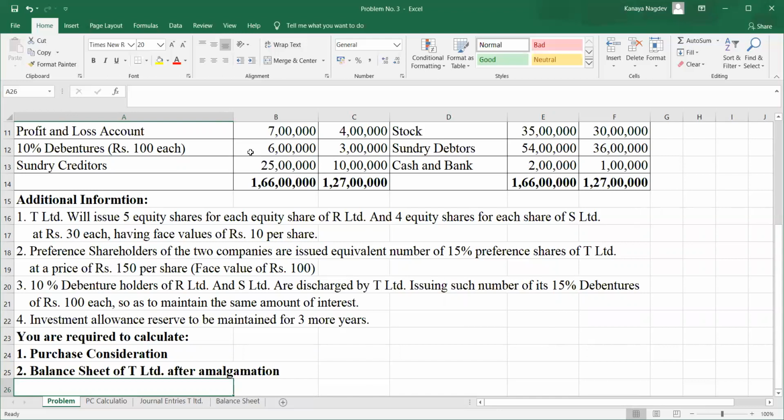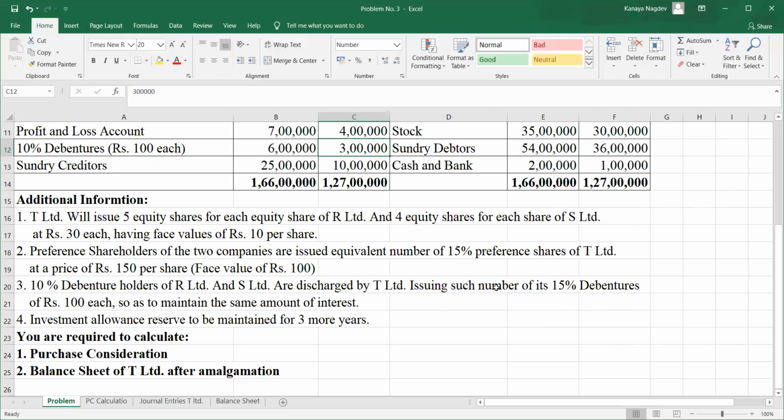So here you can refer that in case of R Limited, 10% debentures are of 6 lakh rupees. In case of S Limited, 10% debentures are 3 lakh. Now we will refer to the third adjustment. It says 10% debenture holders of R and S are discharged by T Limited, issuing such number of its 15% debentures so as to maintain the same amount of interest.